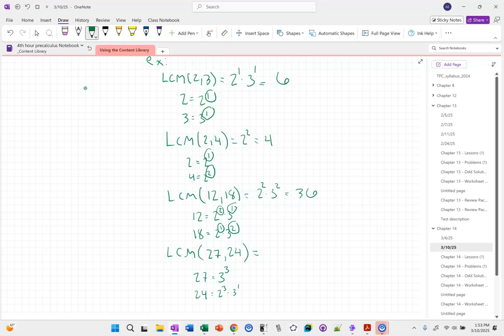What are the two distinct prime factors there? 2 and 3, right? Good. What power should the 2 have? 3, because the biggest power of 2's is to the third. What should be the power on 3? To the third, because the biggest power on the 3's is to the third.